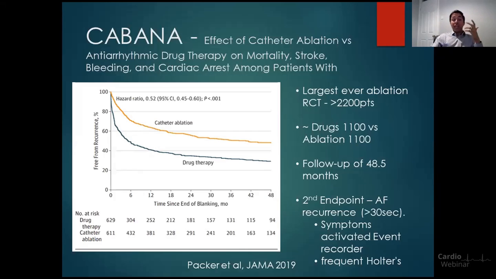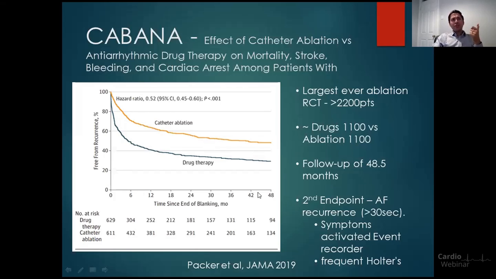Well, there was a secondary endpoint in the study, but you can see how significant that was. There was a statistically significant freedom from recurrence of atrial fibrillation in the cohort of patients who underwent catheter ablation compared to drug therapy.